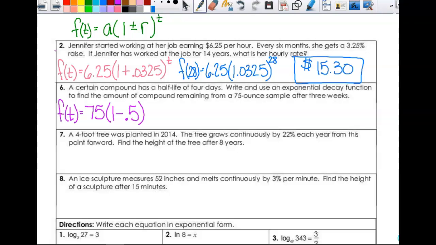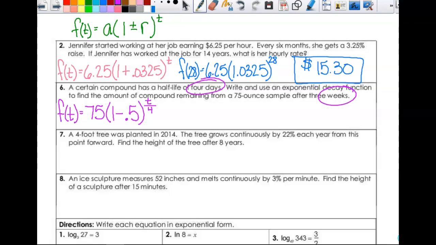So if your half-life is 4 days and t is a day, it's not going to happen every single day, right? So we're going to have to do t divided by what? 4. So you have to decide if you're going to do days or weeks for that. Days makes way more sense to handle this appropriately.